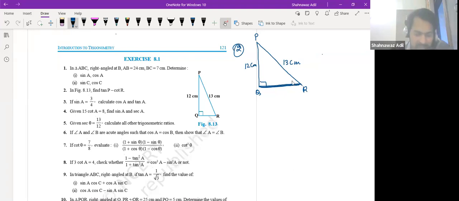Please calculate and tell me. I'll use Pythagoras theorem. Yes, absolutely correct, because you know that this is a right angle triangle and all these sides are related by Pythagoras. So please tell me what would be this QR using Pythagoras.